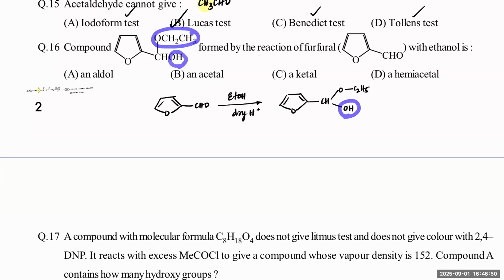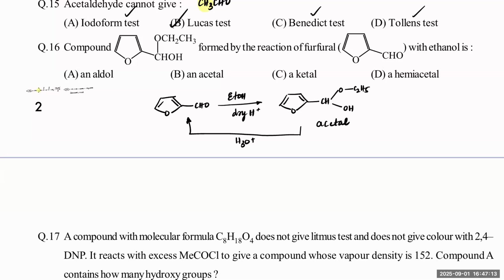So to get this acetal, what did we use? We use ethanol. So what is this product actually? The question asked is what is the product here? This is acetal. This acetal is the one which on acidic hydrolysis will give you furfural back.